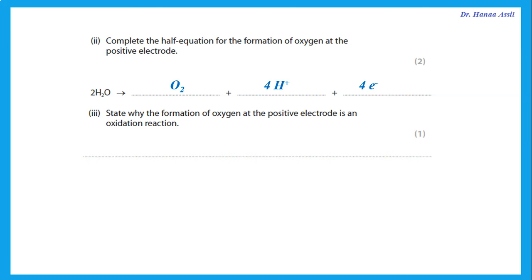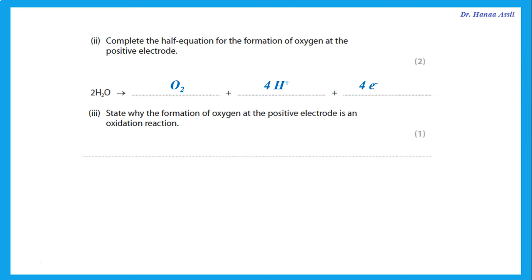This is where we lose electrons, and then you balance. You have 2 oxygens before the arrow and 2 oxygens after the arrow. That is balanced. Now we have 4 hydrogens before the arrow, so we must have 4 H plus, and that means we need to balance that with 4 negative electrons so that there is a net charge of 0 before and after the arrow.